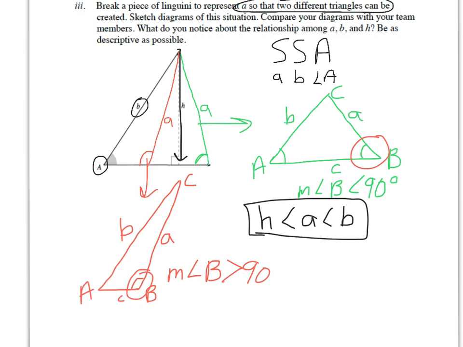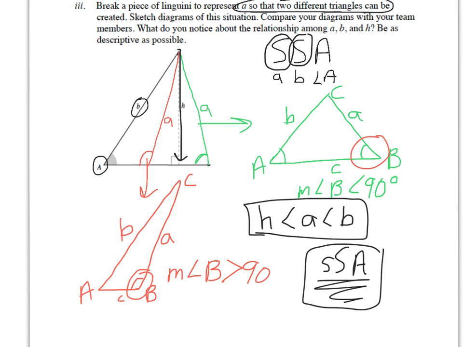What it's really saying is that this A value has to be smaller, this side here has to be smaller than this side. And sometimes you'll see it written as a little s, a big S, and then your angle. You want to create this scenario in order to have an ambiguous case, or if this scenario here is created, you'll have the ambiguous case.